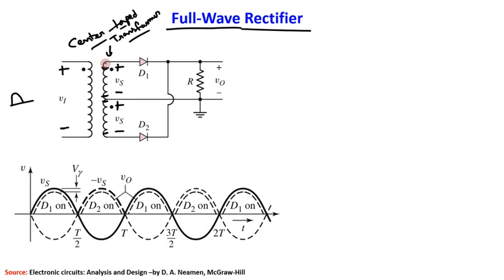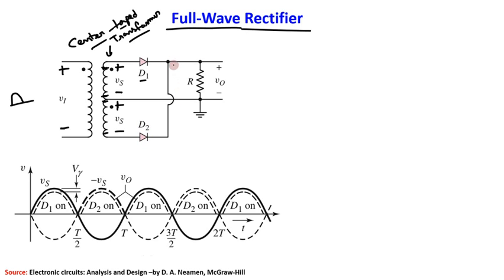Now the top part of the center tapped transformer is connected with the diode D1, and the bottom part is connected with another diode, D2.